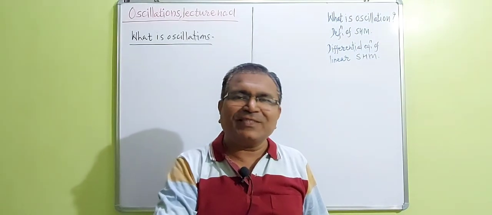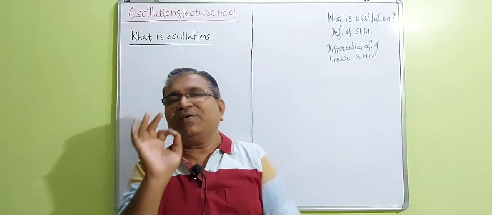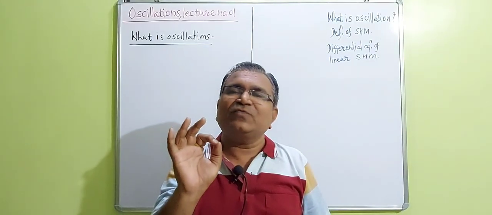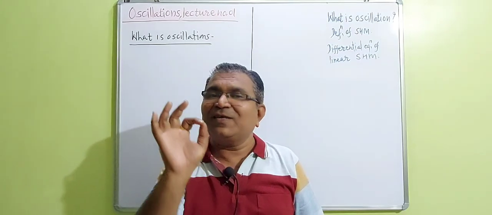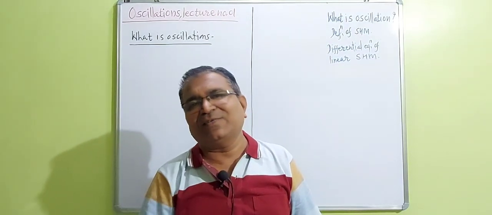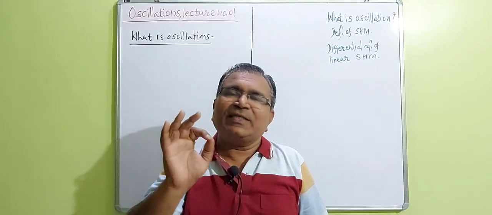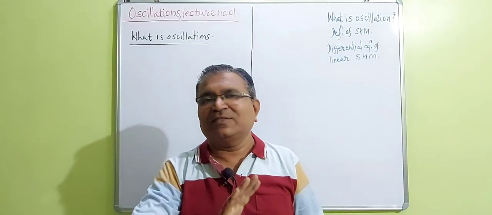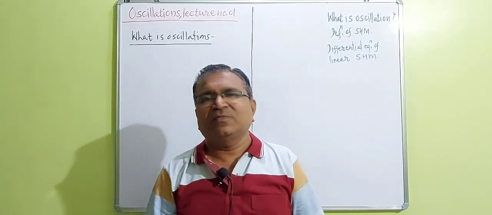Then again the question arises, what is periodic motion? Periodic motion is a motion which repeats itself after equal or definite interval of time. So oscillation is a periodic motion. Oscillation is nothing but an oscillatory motion which repeats.